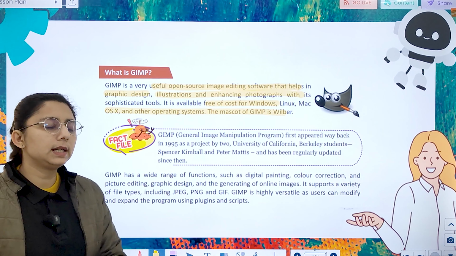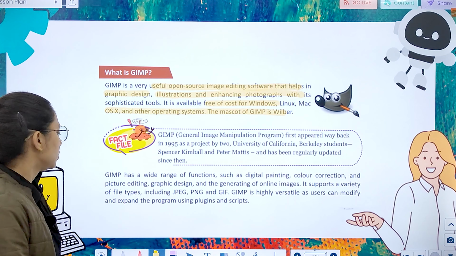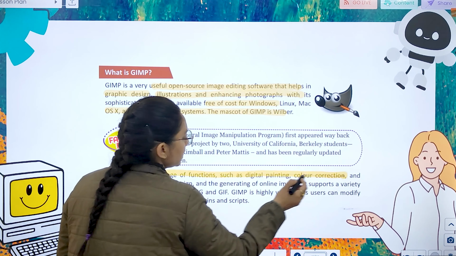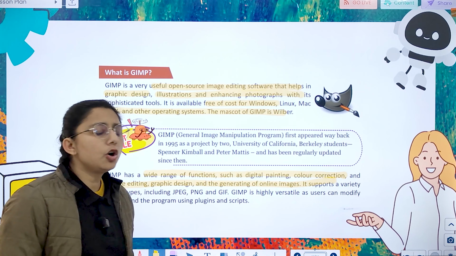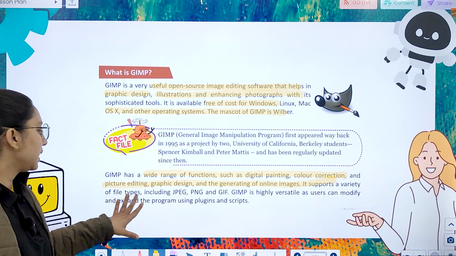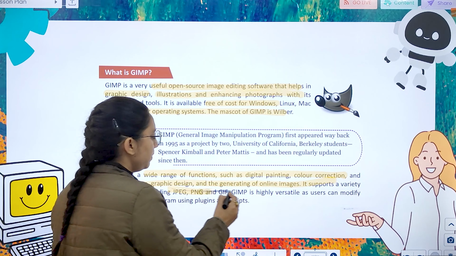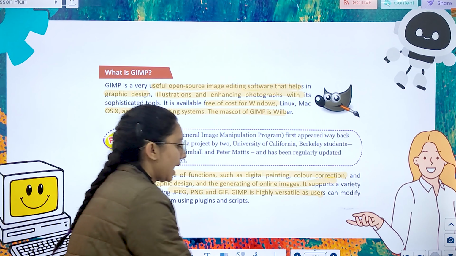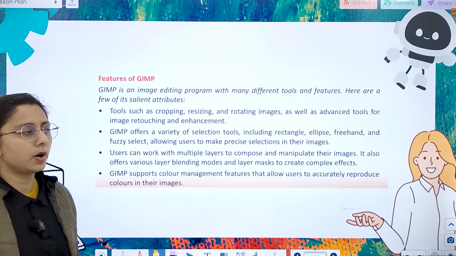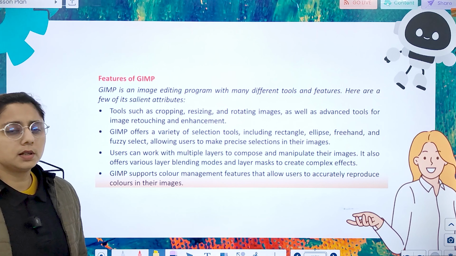It appeared back in 1995. It has a wide range of functions such as digital painting, color correction, picture editing, graphic design and generating online images. It supports a variety of file types including JPG and PNG, and it is highly versatile as users can modify and expand the program accordingly.